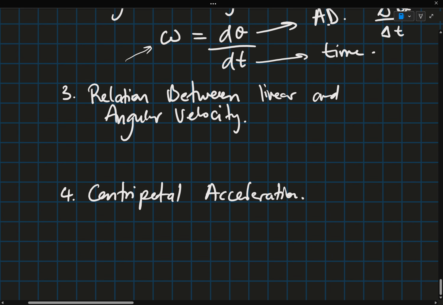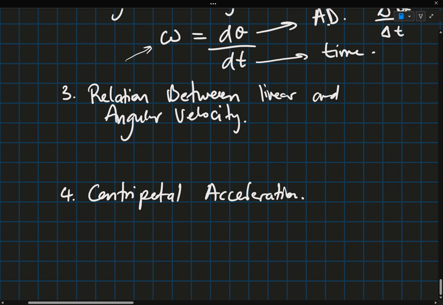What would be the equation for centripetal acceleration? That would be a is equal to r omega squared, or it can be equal to v squared over r.